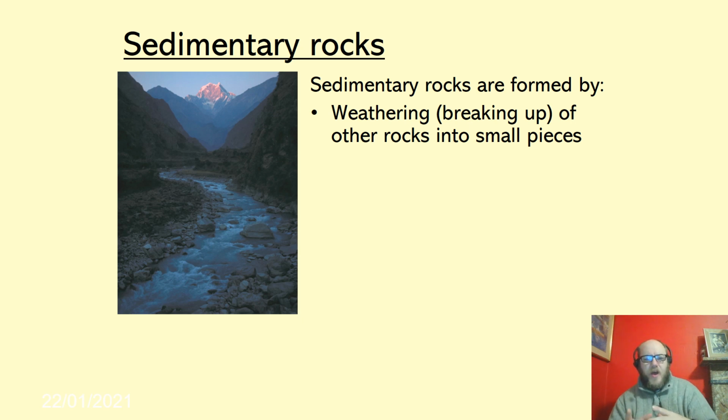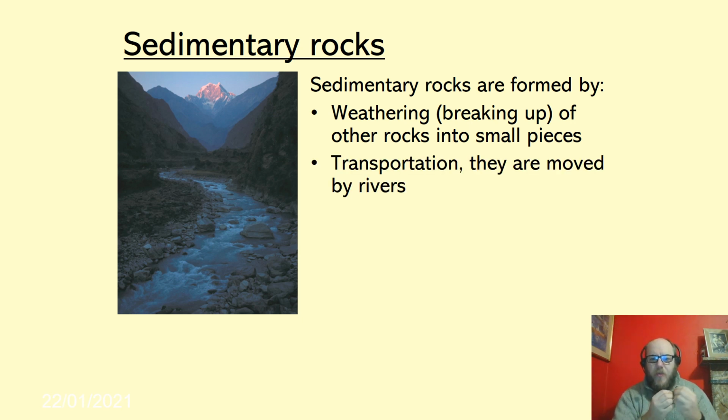And you'll see this a lot on the seaside as well, wherever you have cliffs, both the weathering from the rain and the wind and the ice, and also the sea battering it from beneath will cause these things to break down. And this is called weathering.